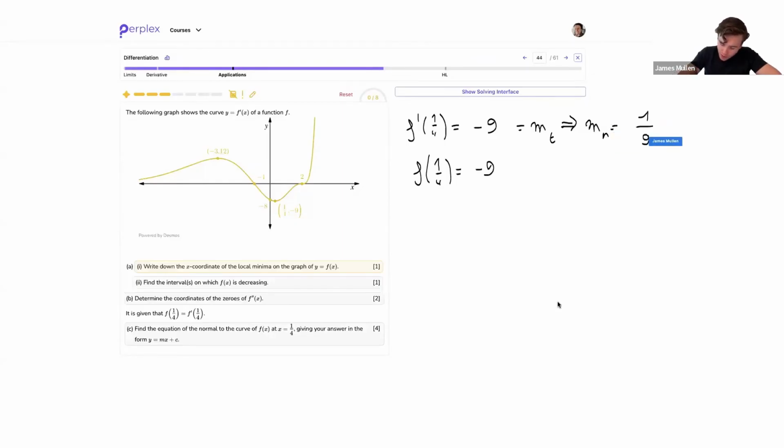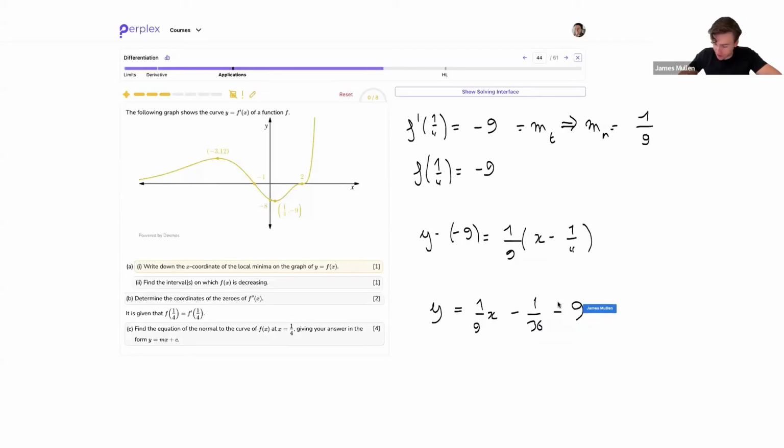That means in point slope form that y minus negative 9 is equal to 1 over 9 times x minus 1 over 4. Let's expand that. I have y is equal to 1 over 9 x minus 1 over 36 minus 9. Okay, and 9, if I put it over 36, oof, that's a bit annoying, but I can do it.